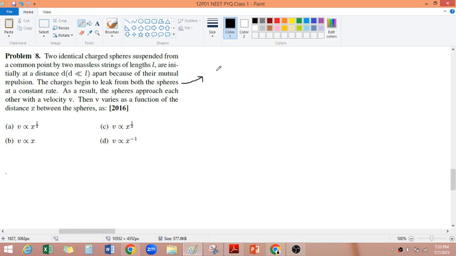So charges begin to leak, so that means dq by dt is a constant. As a result, the spheres approach each other with the velocity v. So that means it's something like this.